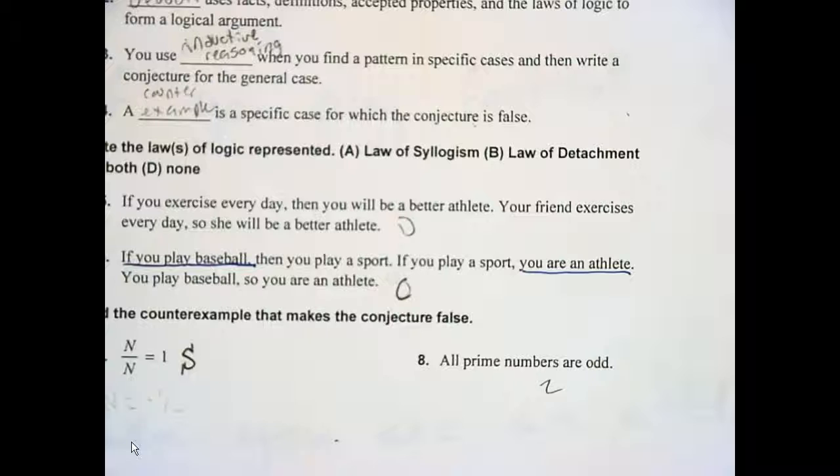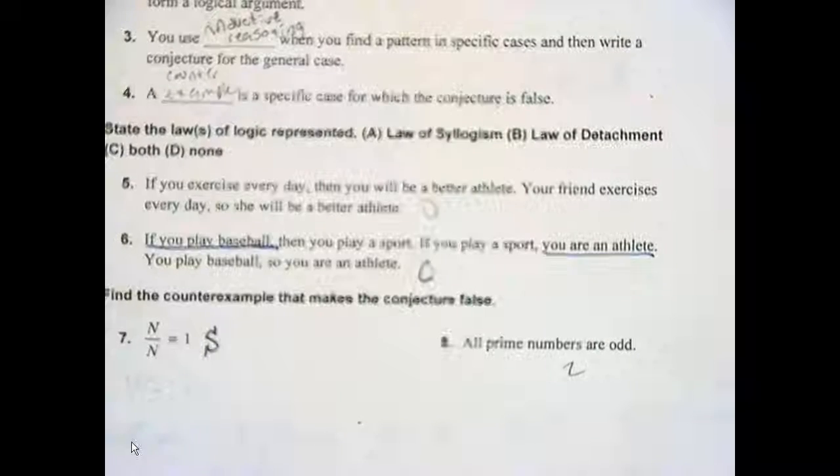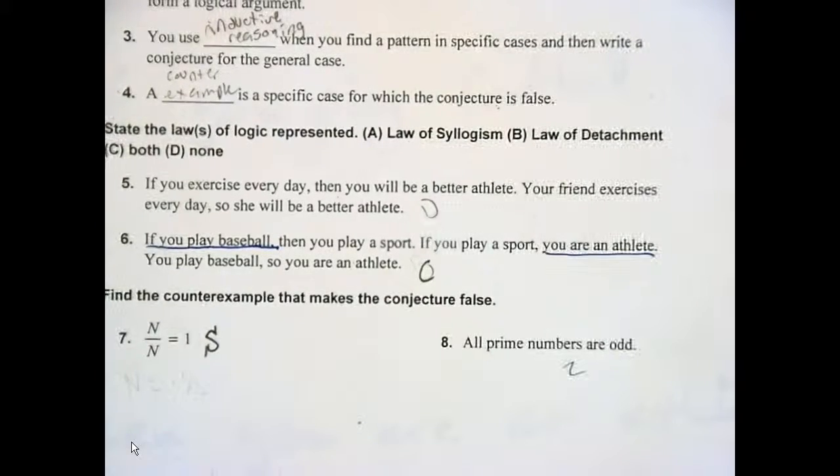Well, it's giving the law of syllogism, but I didn't put detachment. It says you play baseball, and that's the conclusion that you are an athlete, so wouldn't that be the detachment one? So it says you play baseball, and so you can use the law of detachment to get to the conclusion.